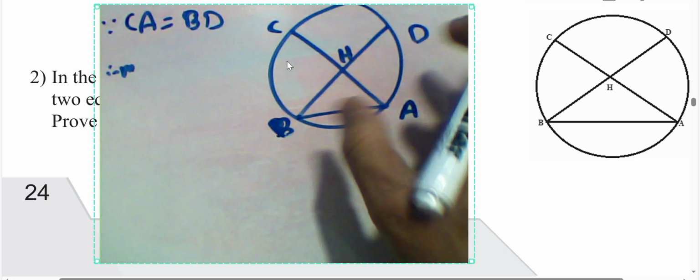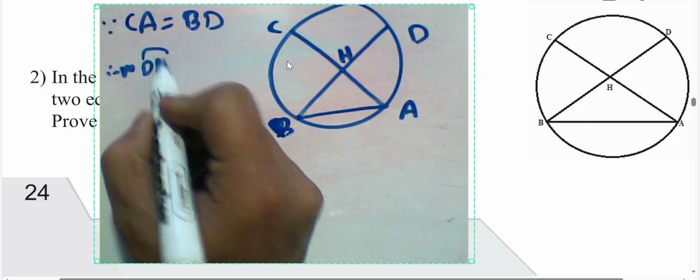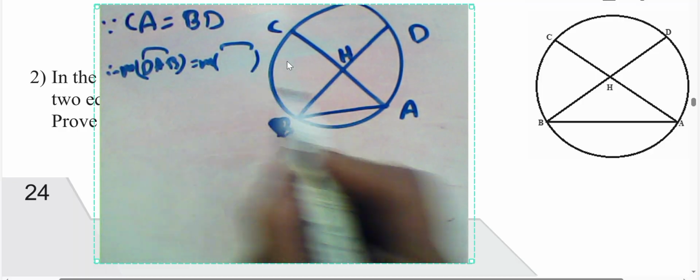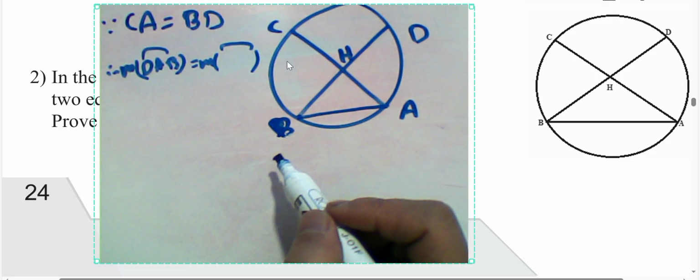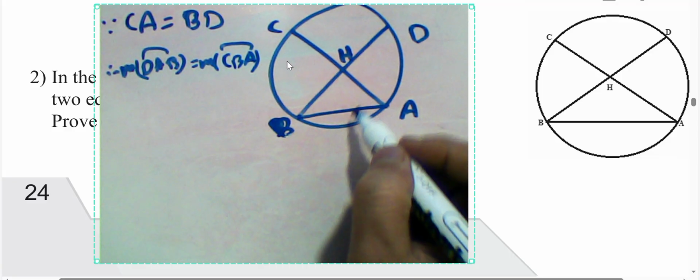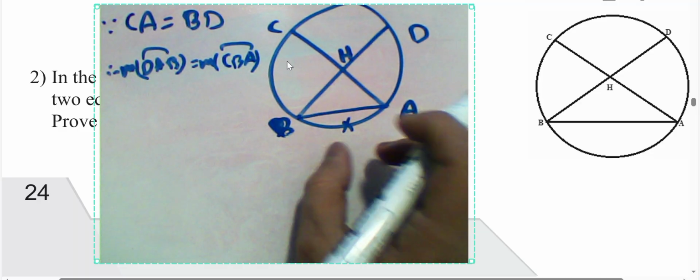The measure of arc DAP equals the measure of arc CBA. This arc CBA, we can cancel this arc from the left hand side and right hand side.